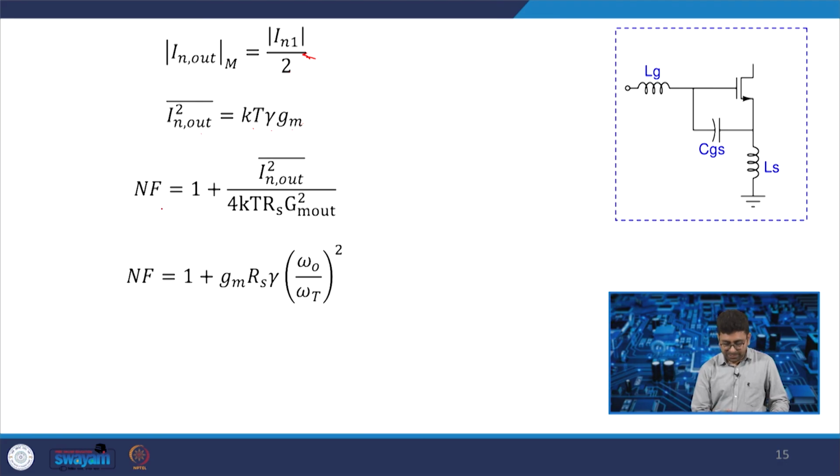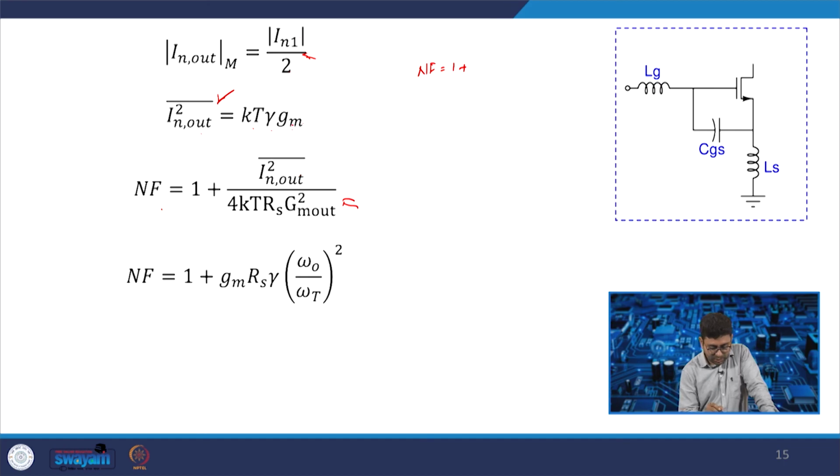So, your noise figure can be written. In the previous case we considered the noise figure equal to 1 plus Vn square out divided by gain. Now, in this case we are considering the In square out and dividing it by Gm out square. In square out is given by kT gamma Gm.